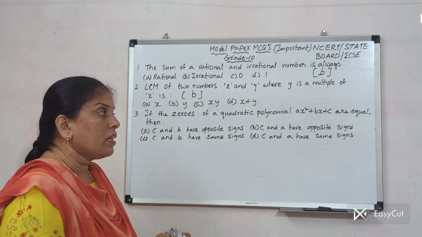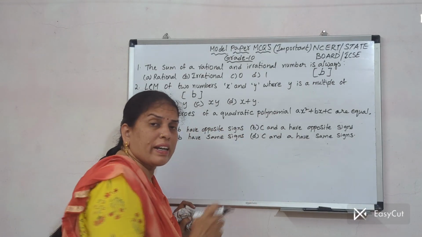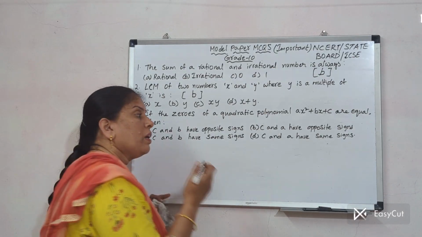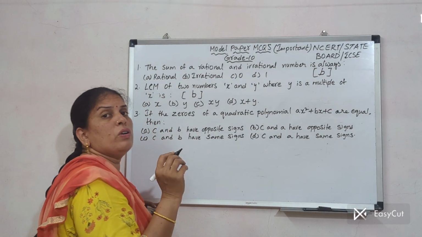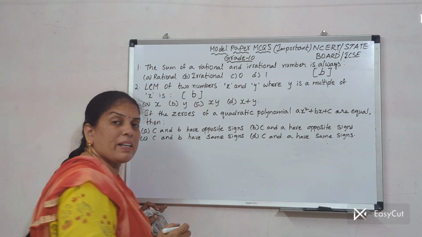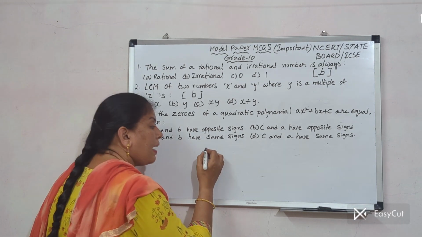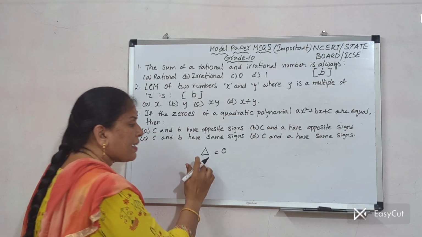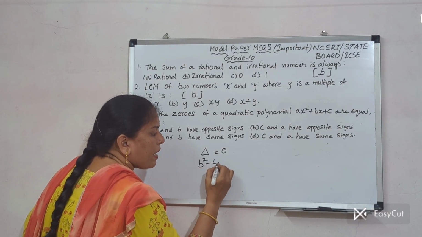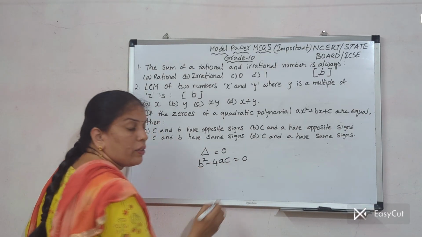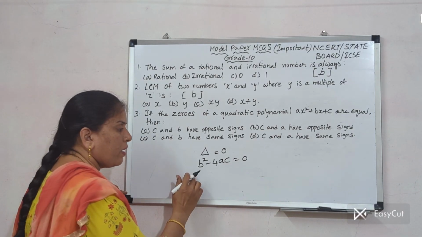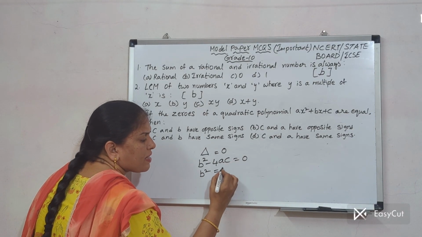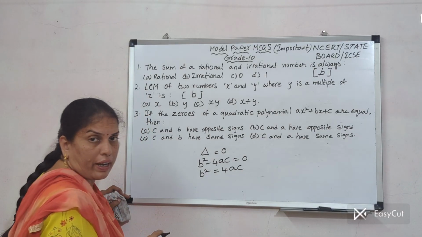Already you know that if the zeros of a quadratic polynomial are equal, the discriminant will be equal to 0. Discriminant is denoted by the letter delta. Delta is equal to 0. Delta means b square minus 4ac is equal to 0. See here, I am sending minus 4ac to that side. It becomes plus 4ac.